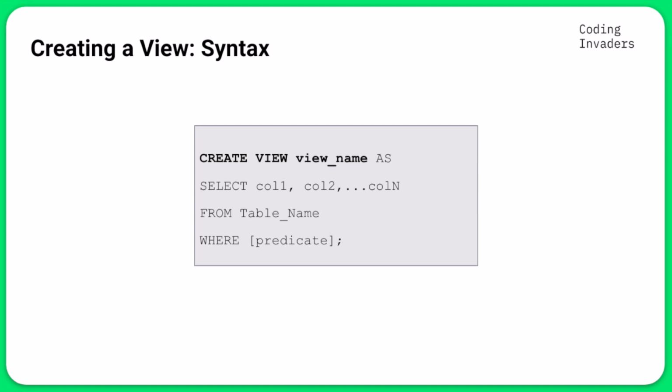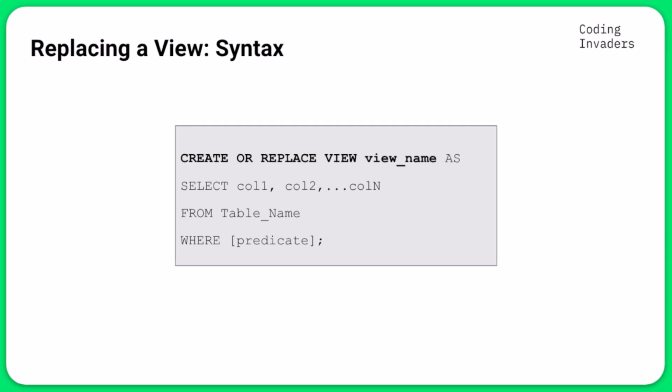Here we see the syntax of creating a view. In order to create a view, we have to use a keyword create, view, view name, as, and give your query. Select any columns from table name where you can give any task can be done inside the view. This is how we can create a view.